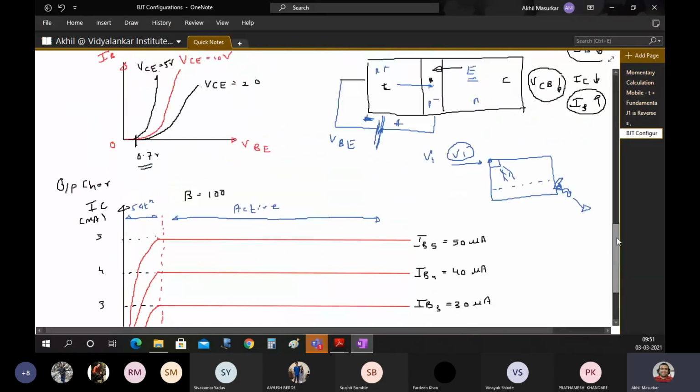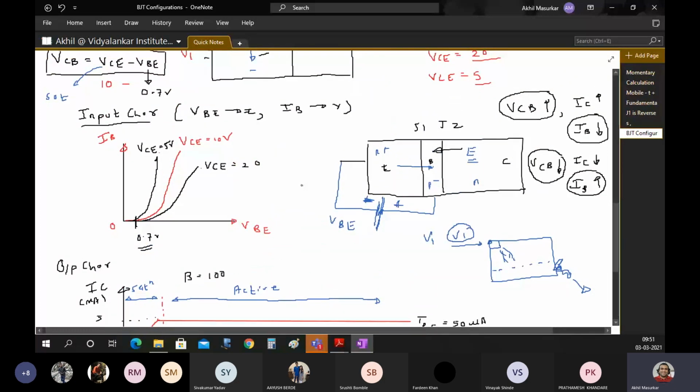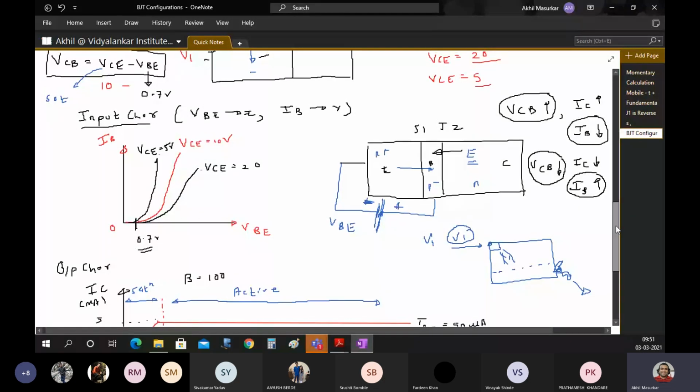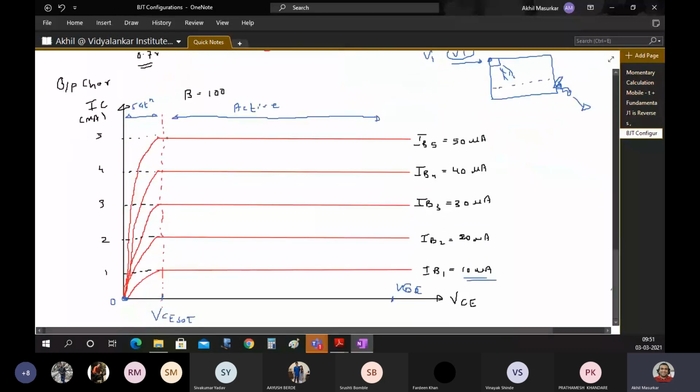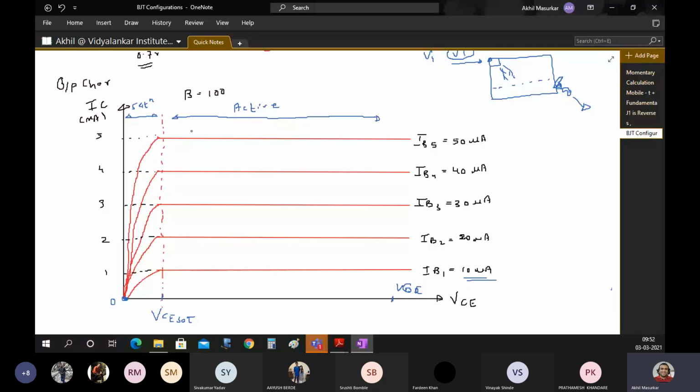So that is the reason why, though you increase VCE, the velocity is going to increase like anything. But that increase in VCE is of no use, because the rate at which you are injecting electrons inside the base is fixed. And that is the reason why you get the constant current here, because the rate of flow of electrons from emitter to base is fixed, and that is why that saturates the velocity of the electron.